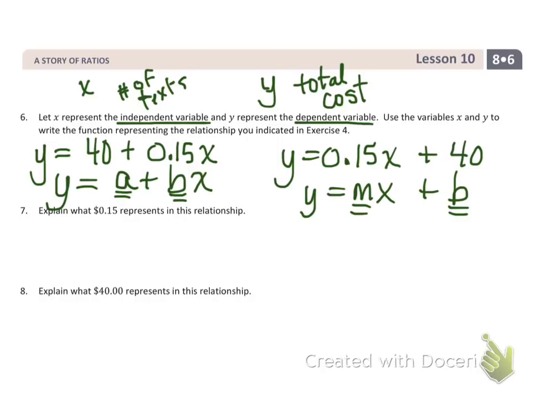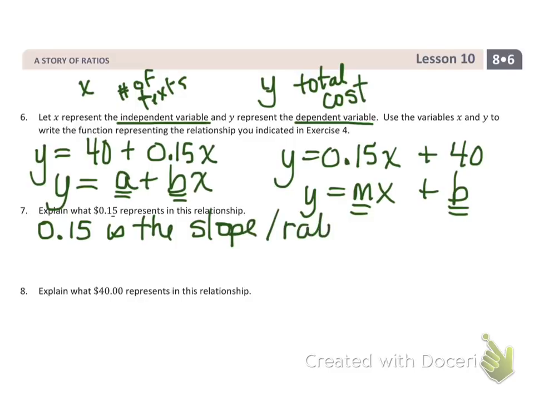Okay, so the 15 is the slope of the line, right? It's the slope, we could say it's the rate of change. Okay, it's how the total cost is changing. So it's the rate of change, or it's the slope.